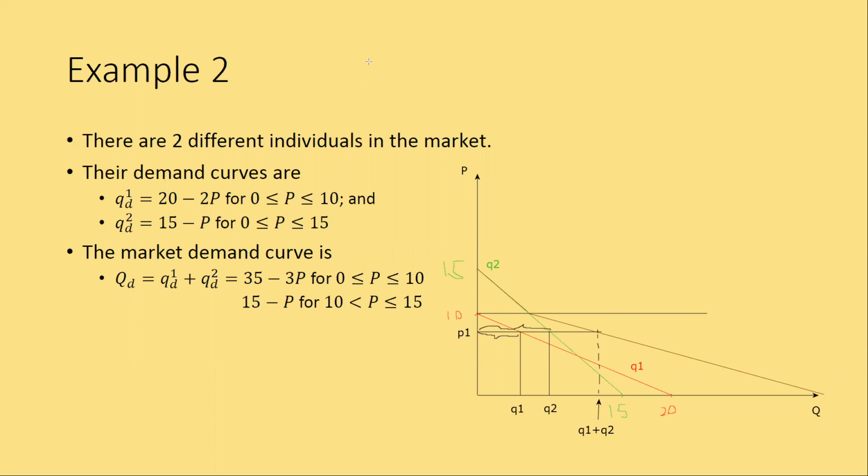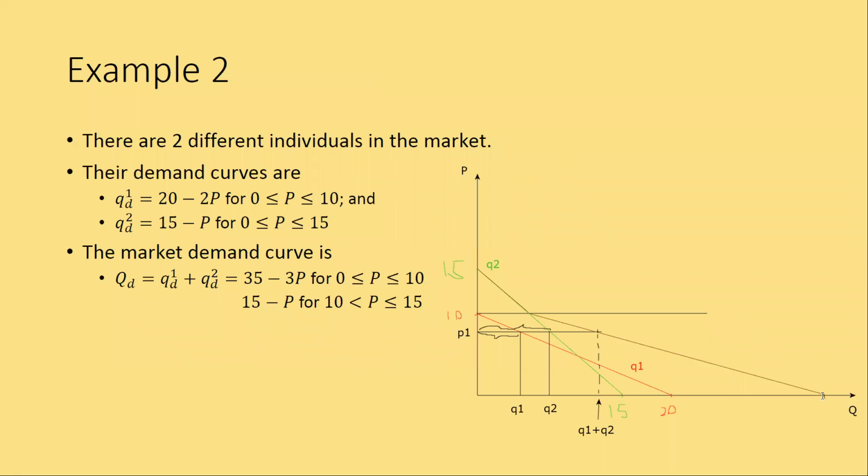Now, what is this point? This intersection point, although I should have drawn the axis longer, and I can do it actually. I can extend the axis. And put my Q towards here as well.